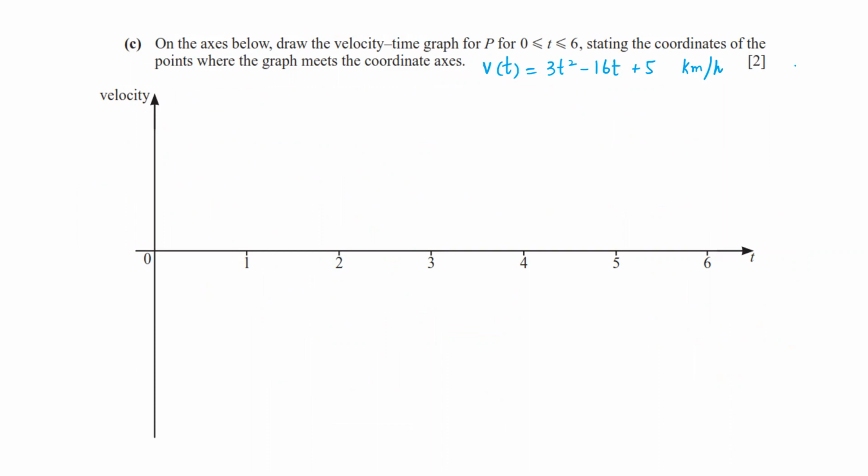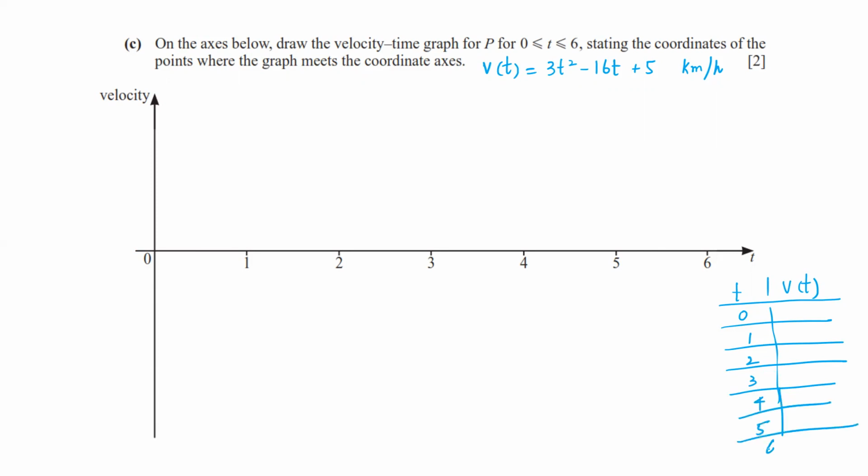Again, the good way to do this is by making a table of time t and the value of velocity. Time again 0, 1, 2, 3, 4, 5, and 6.